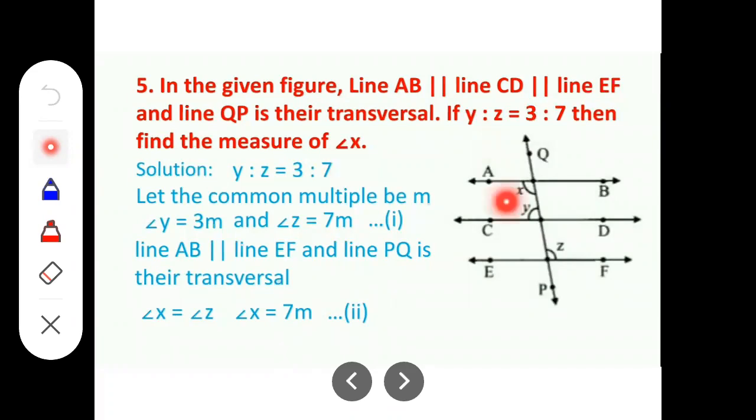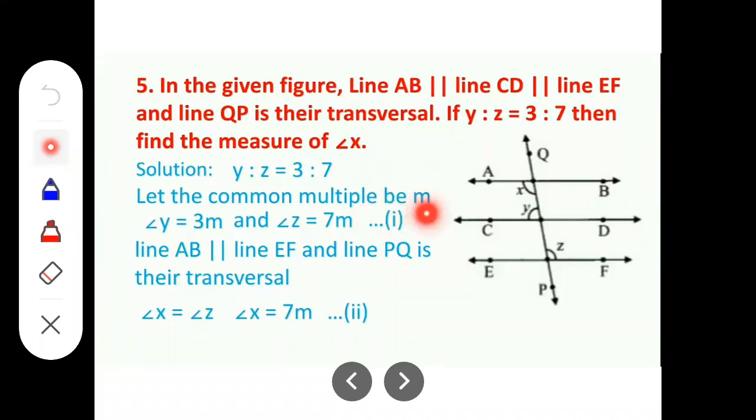Measure of angle X. We have to find it. As the ratio is given, we have to take a common multiple. Any alphabet you can take here. Here I have taken m as a common multiple.